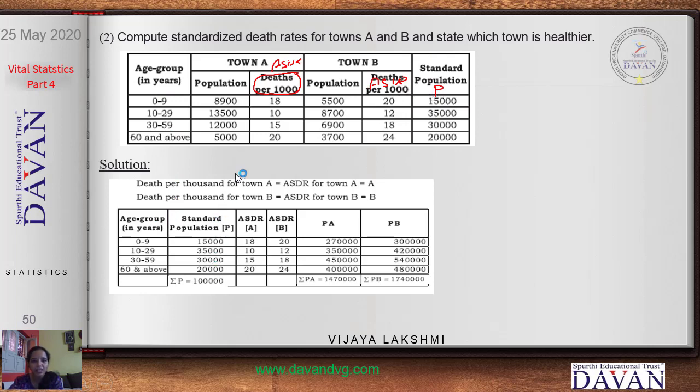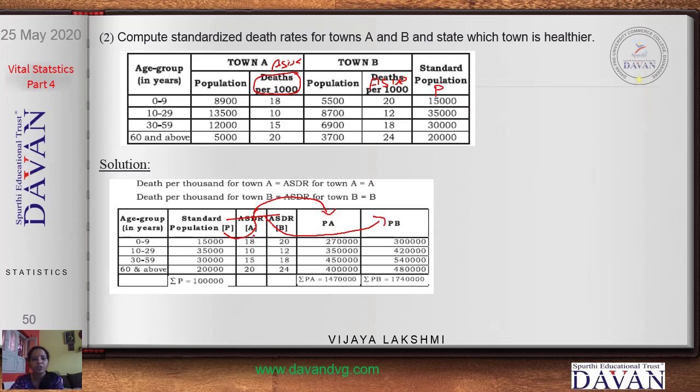Now this is the ASDR of town A and this is the ASDR of town B. Write them directly. And then find PA. What is P into A? It is this into this. So this value you put here, and next P into B is this, and you put the value in this column. Hope I am clear with this.